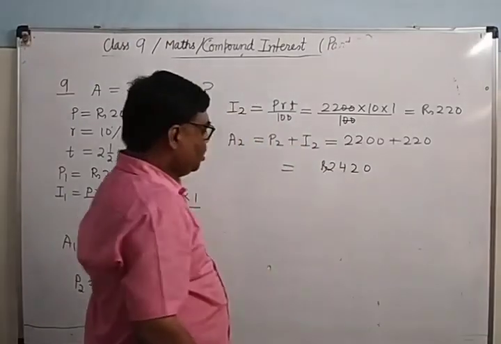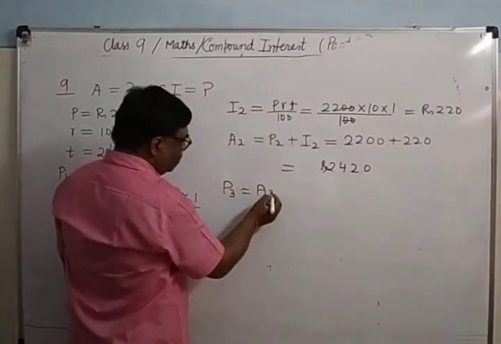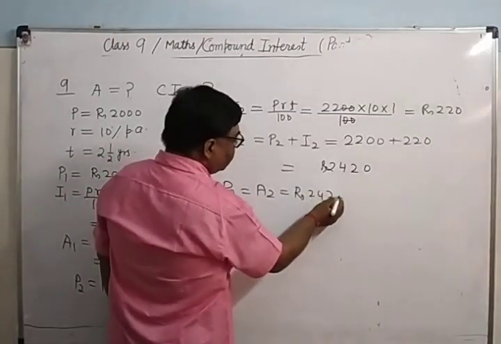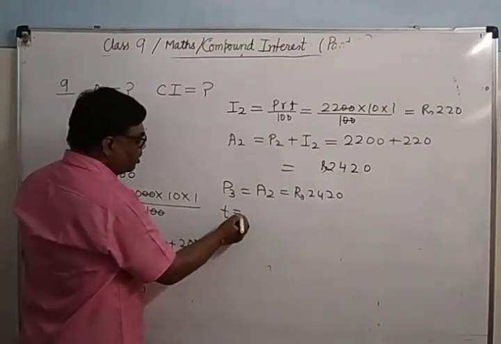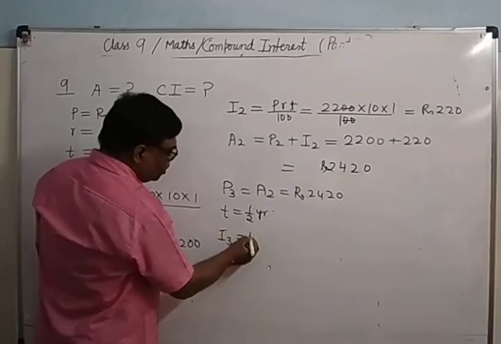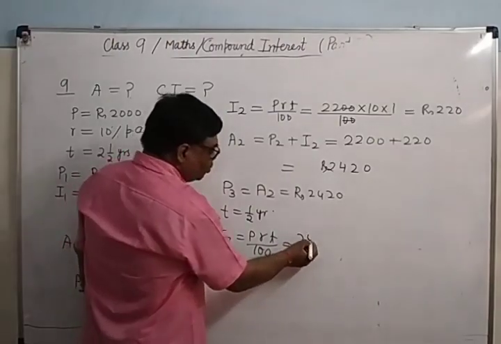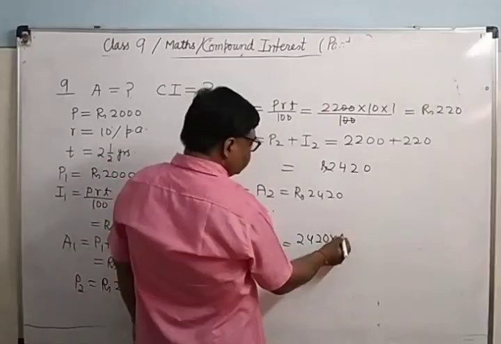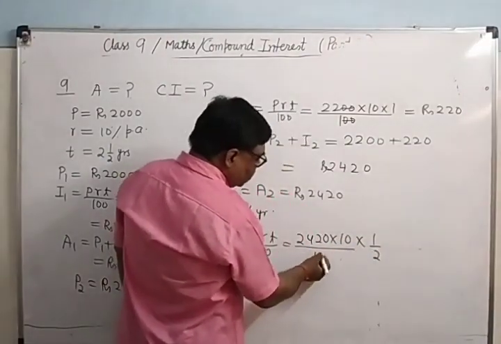Now see the third year. In the third year you can see that time is not a full year. Time is only half year. So what will be the interest? PRT upon 100. P equals 2420. Rate is the same, 10%. But time is 1/2, divided by 100.